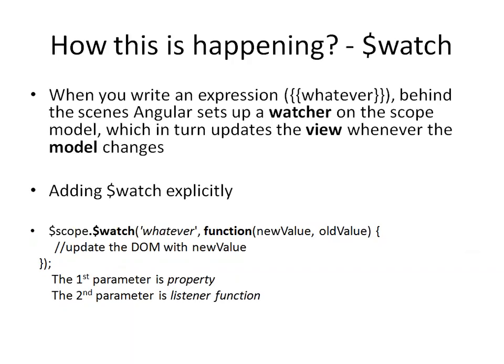It uses the same watch to check the values when the dirty checking happens. This is the simple syntax, $scope.$watch. The second parameter is called a listener function. This listener function has two parameters, new value and old value. Whatever we want to update, we can give inside.